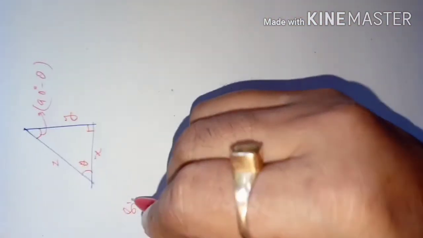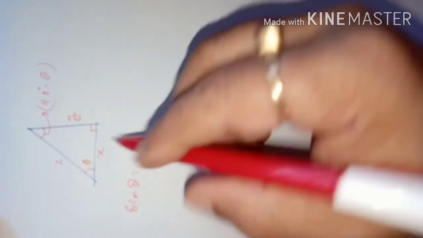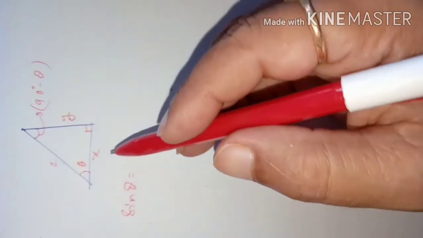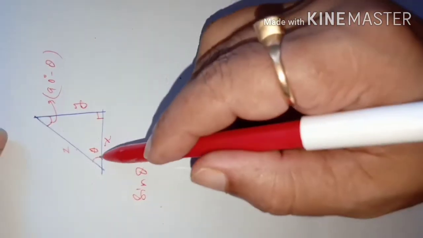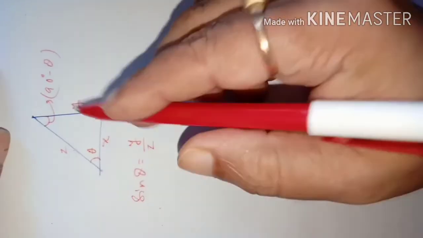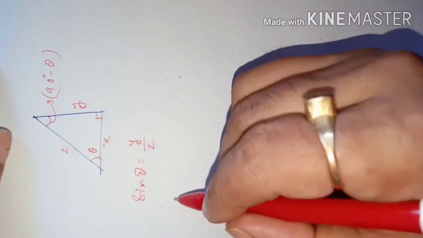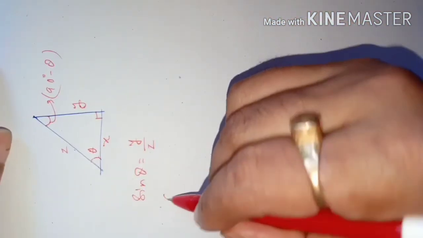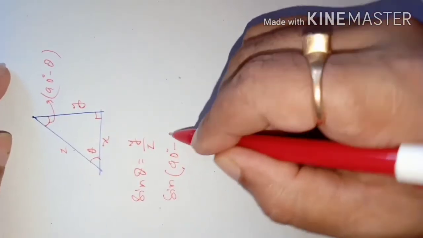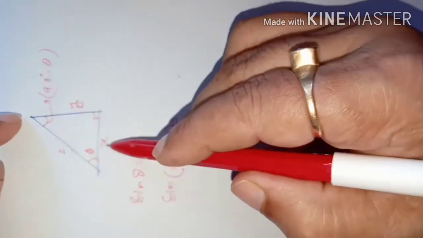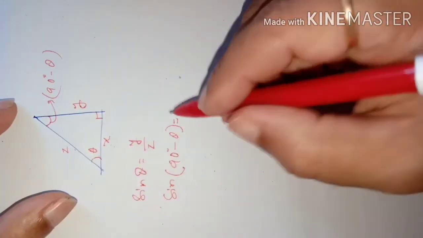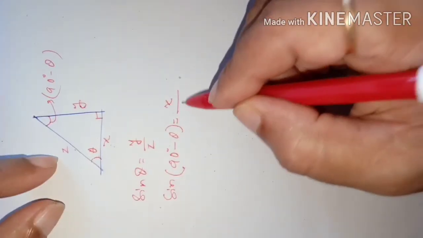Sin theta is perpendicular by hypotenuse, so against this angle theta, it is y by z. Sine of 90 minus theta: the perpendicular is now x, and the hypotenuse is z.